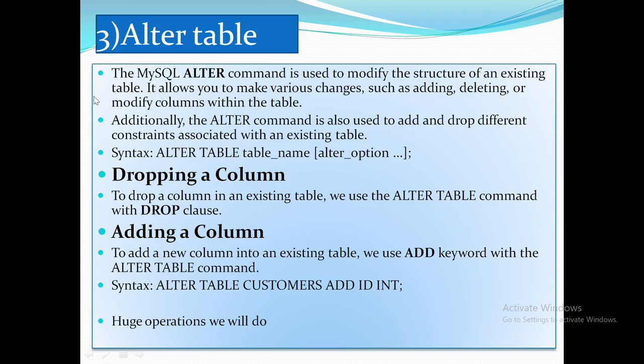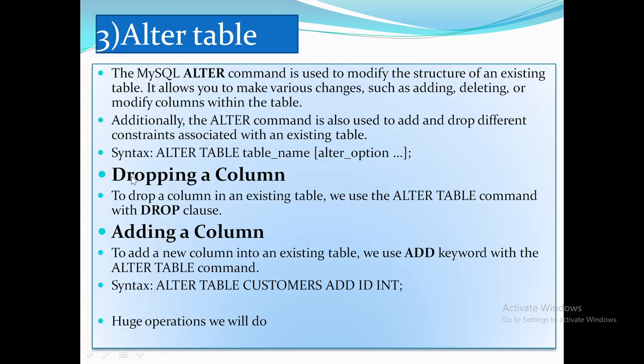Like I already saved my education qualification in the MySQL server. It allows you to make various changes such as adding, deleting, and modifying columns within the table. So I missed my basic qualifications. That's why I am using the table operations for adding, deleting or modifying. Additionally, the alter command is also used to add and drop different constraints associated with an existing table.